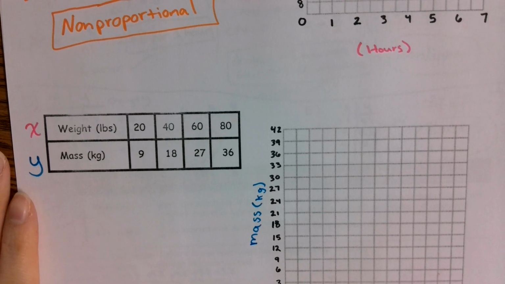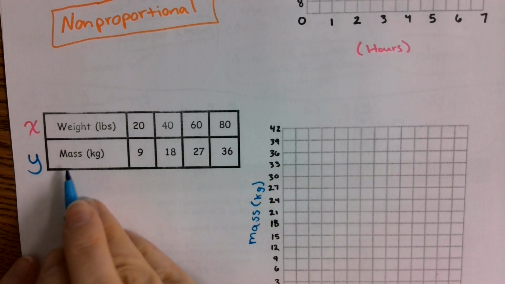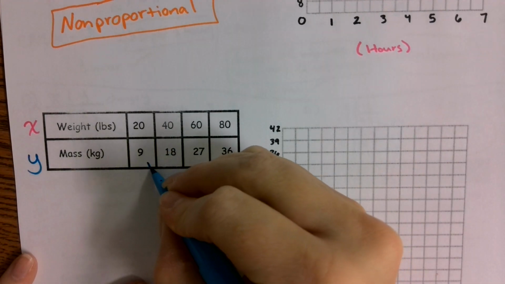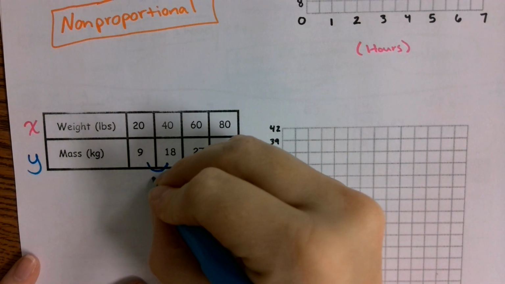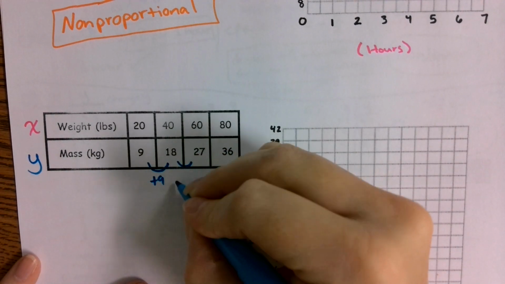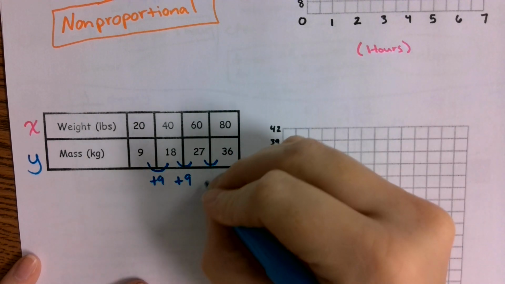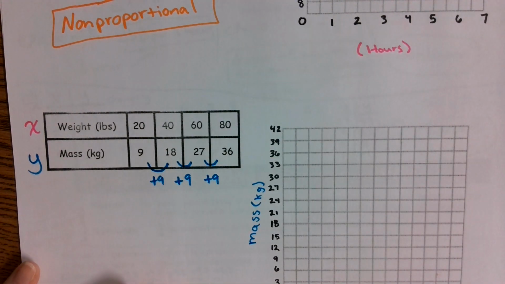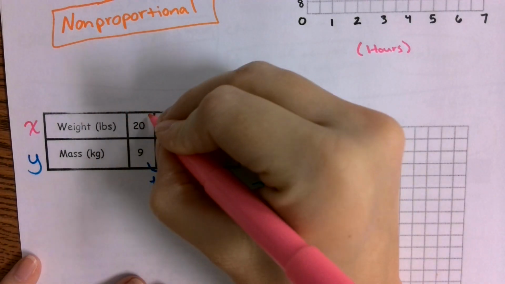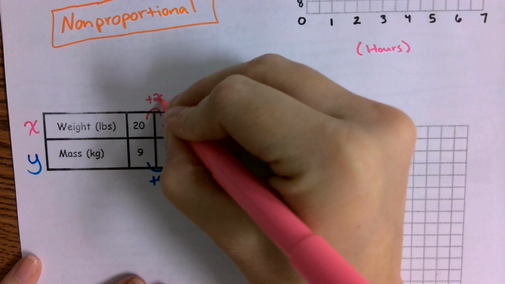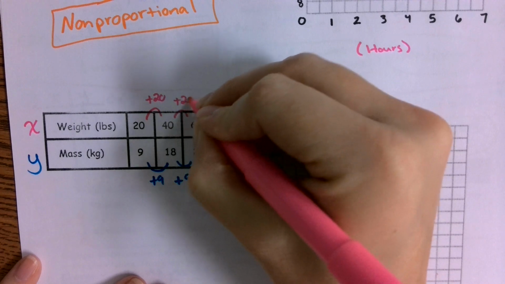Yes or no? Yes. Let's take a look. If we take a look at the mass, what is our mass increasing by here? By 9. What about from the 18 to the 27? That increases by 9. 27 to 36, that also increases by 9. Our x is increasing by 20 every single time.